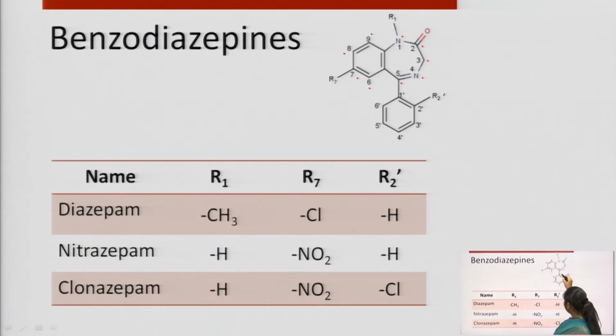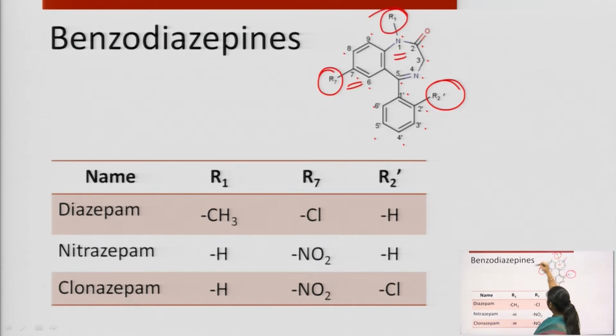Again, we are repeating it: 1 dash, 2 dash, 3 dash, 4 dash, 5 dash, 6 dash, and this position is R2 dash. At position number 7 we have R7, and at position number 1, the nitrogen with a substitution, we have R1. When we talk about diazepam, this position is substituted with a methyl group, this with a chlorine, and there is no substitution at the benzene ring.